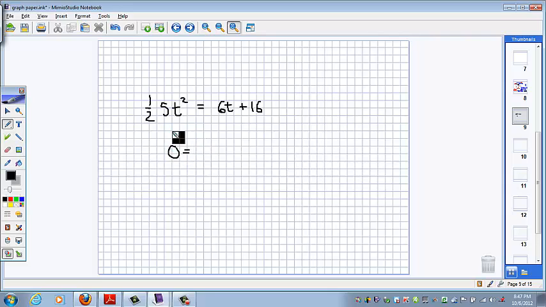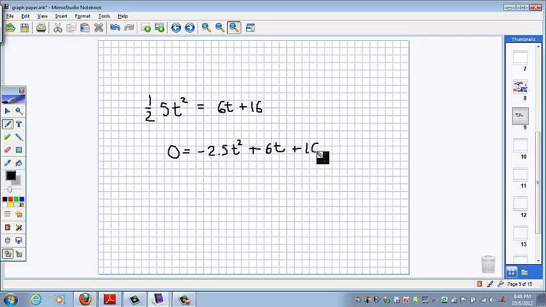If we set it up in standard form with a 0 on this side and everything else on the other, well, we would have a negative 2.5t squared. That's from multiplying the 5 times a half and then subtracting it to the other side, plus 6t plus 16.